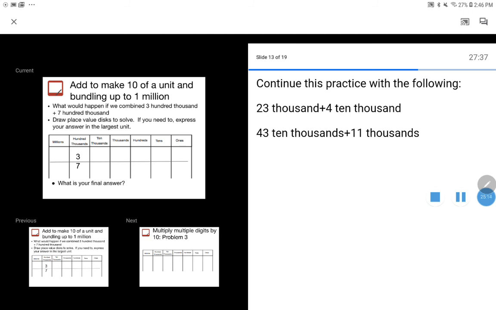Let's try another one. Erase that. All right, on your work mat, I want you to combine these: 23,000s plus 4 10,000s.